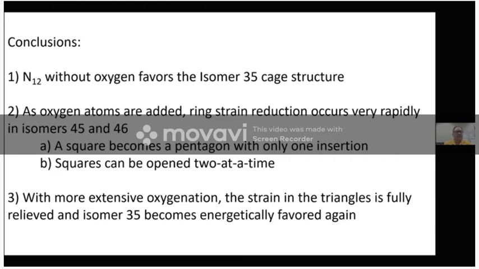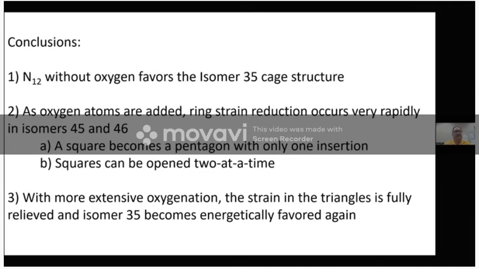A couple of reasons for that. A square becomes a pentagon in one move. The pentagon is an idealized structure for 3-coordinate nitrogen. You can oxygenate a square, it becomes a pentagon in one move. The ring strain's been relieved.